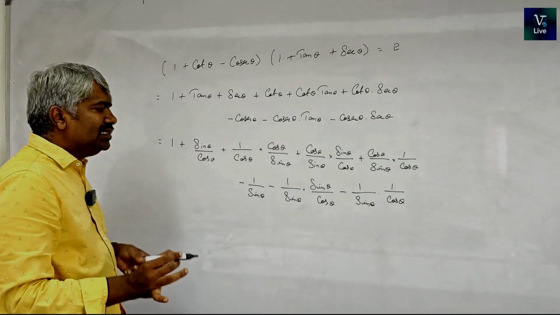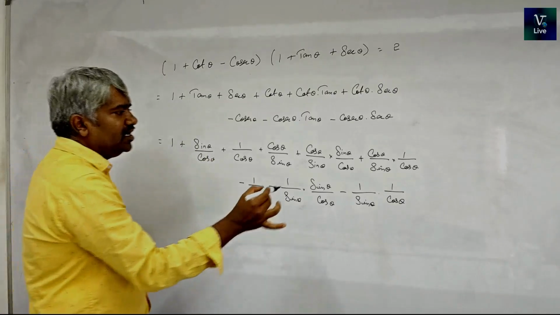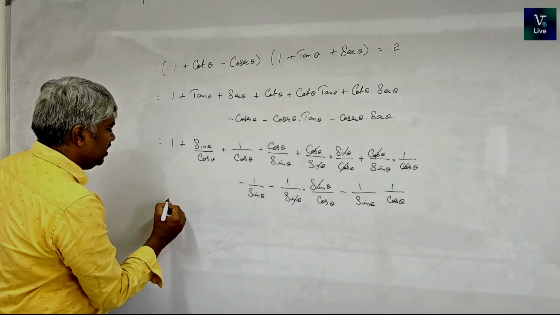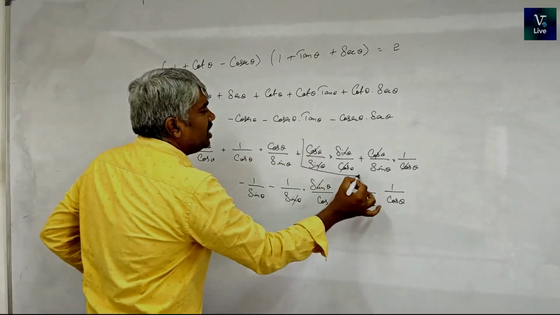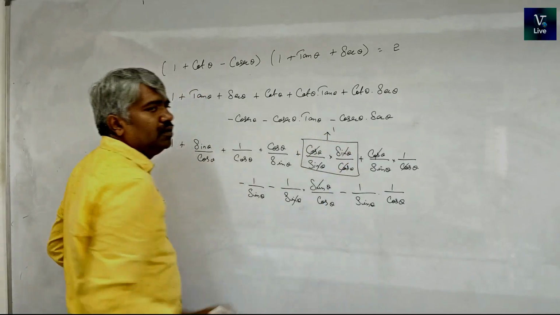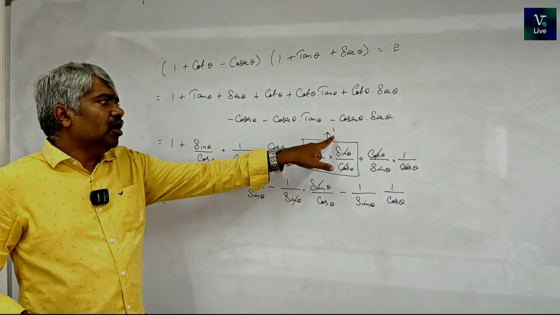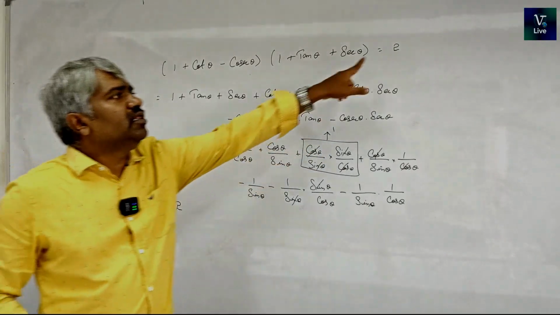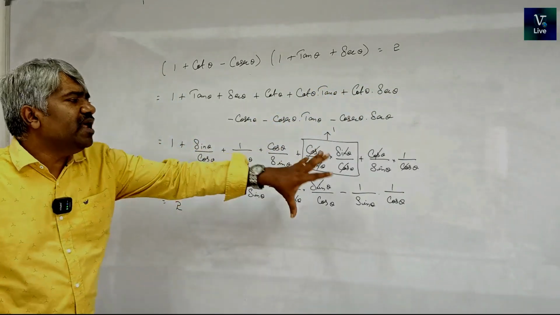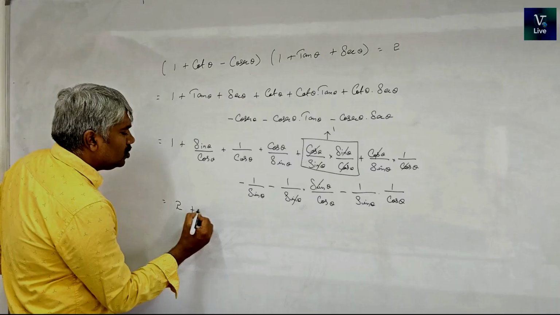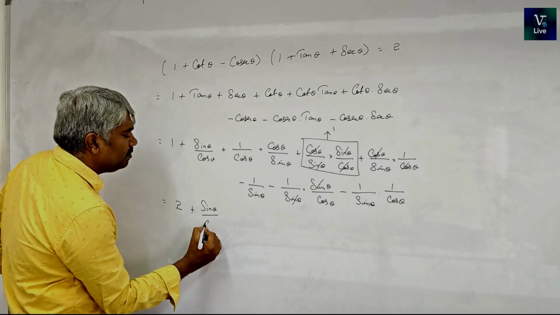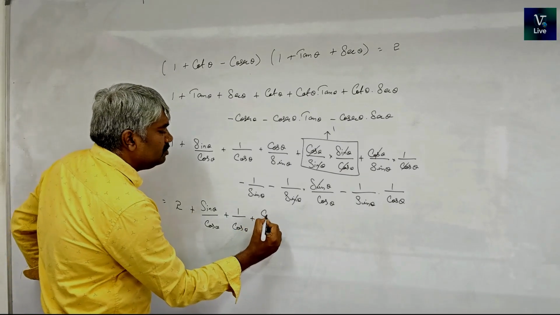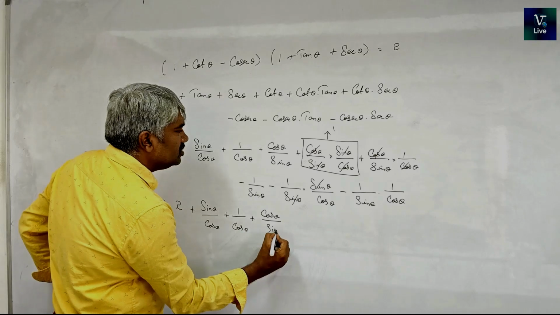Now I am going to eliminate the terms which can be cancelled. See, this cos and this sine get cancelled. So the value of this term is 1, because everything gets cancelled. Now this 1 is added with the other 1, so you will get 2. See, I have got the required answer. Now I am going to eliminate the remaining terms: sine theta by cos theta, plus 1 by cos theta, plus cos theta by sine theta.